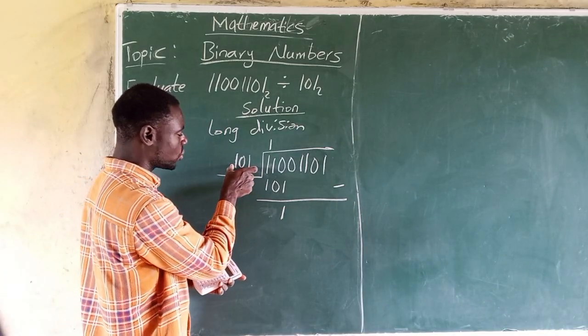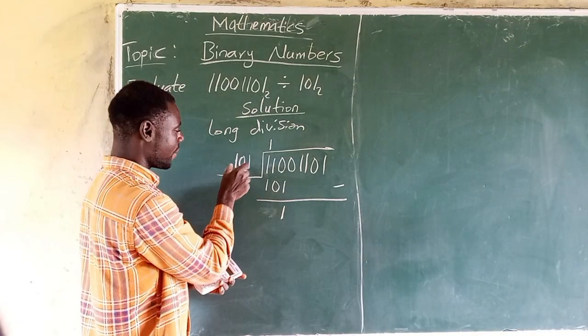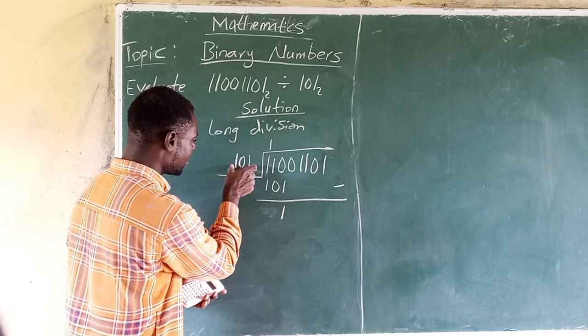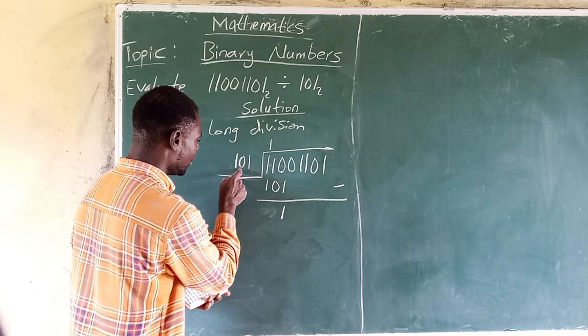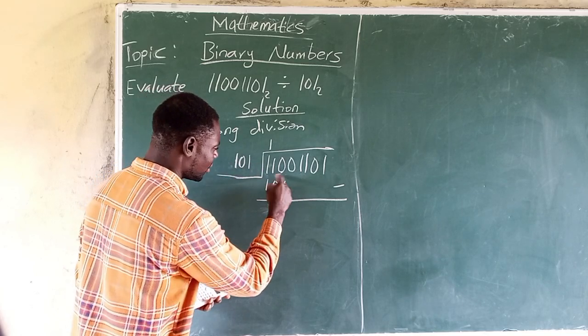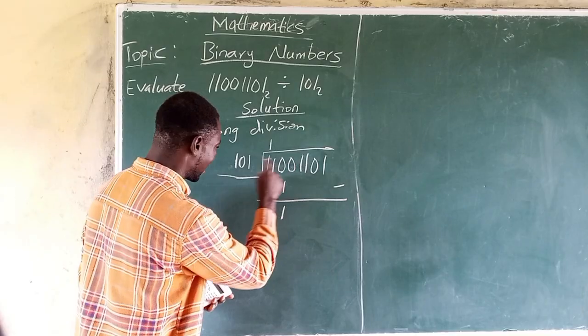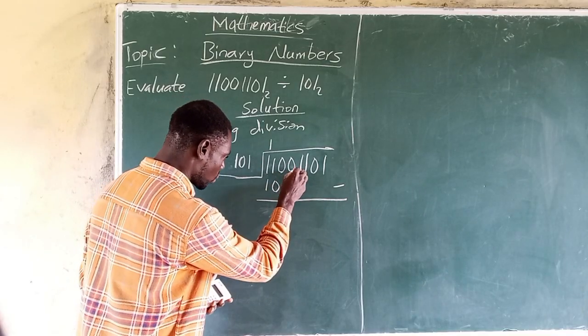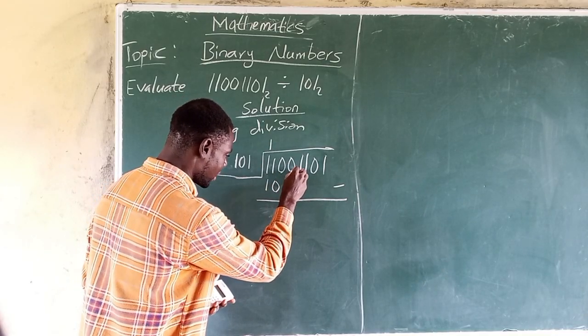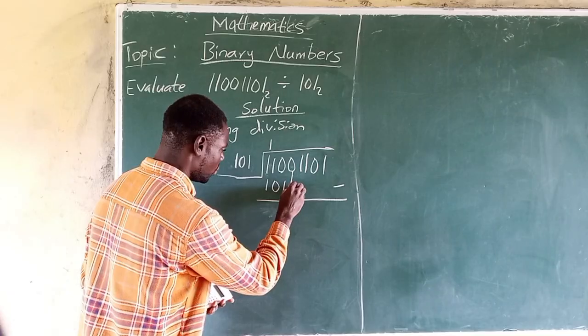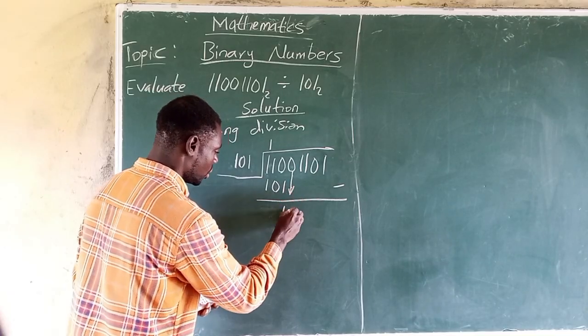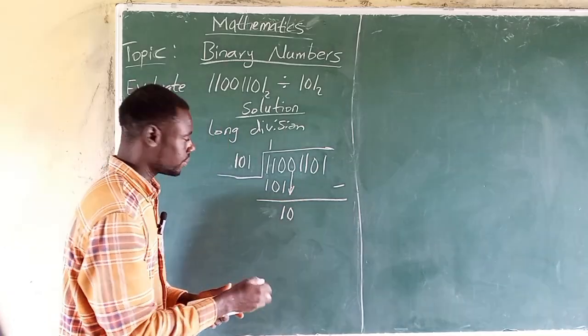Now the next step: you remember you have gotten this 1 here, right? Now you take the 101 and divide. This 0 divided by this, it cannot, so you bring this 1 down. First of all, you bring this 1 down, here becomes 10, right?